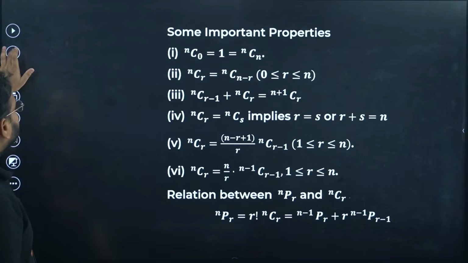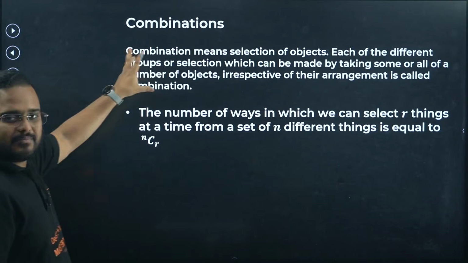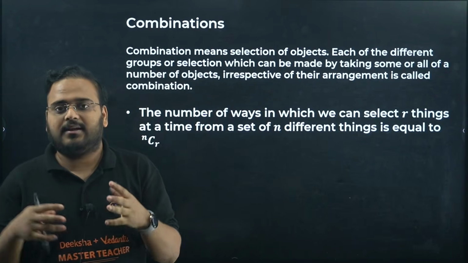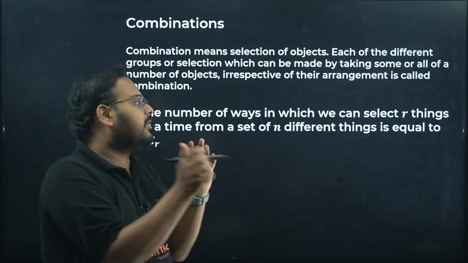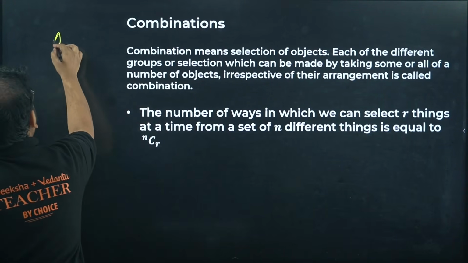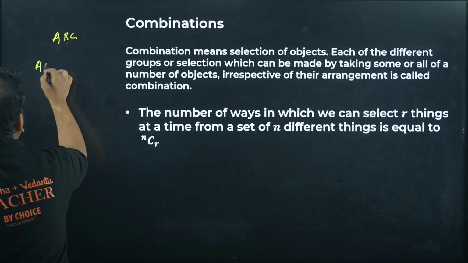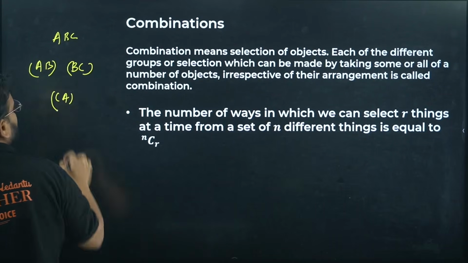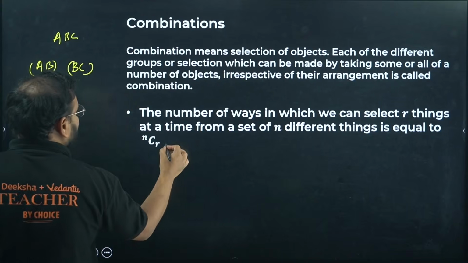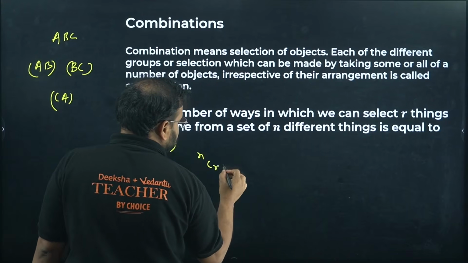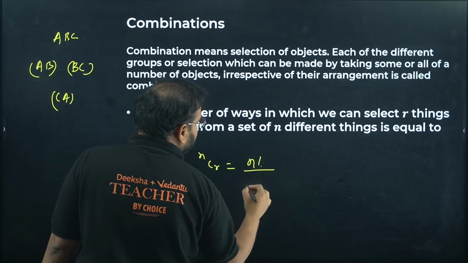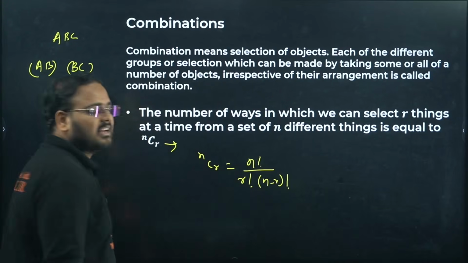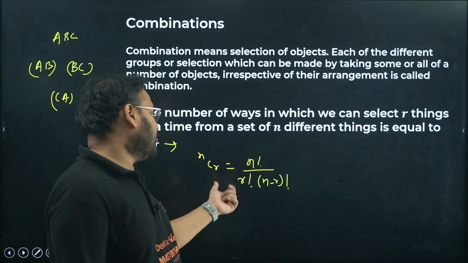Moving on, let's get back to the combination at hand. Combination is what? Already explained it to you. Combination, first of all, is the way of choosing, the way of selecting. I'm going to say this again: if I have A, B, C, we have only 3 combinations possible, AB, BC and CA. And the formula for this is given by NCR, and NCR is n factorial divided by r factorial into n minus r factorial.